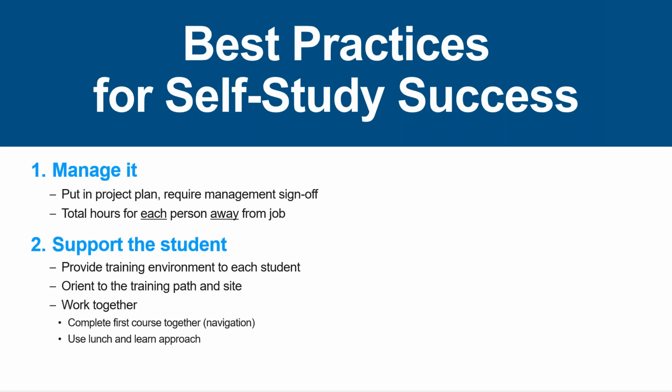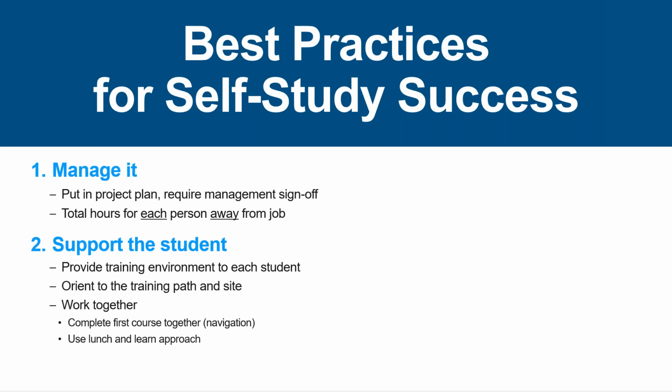The other thing that we found that is incredibly helpful is to have a time when we work together. Usually that's the first course, the navigation course, or also the Foundation 101 course. If there are other courses that multiple people need to take, sometimes it's very helpful for them to get together and take it together.